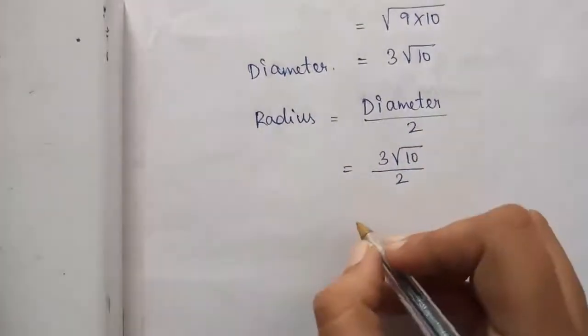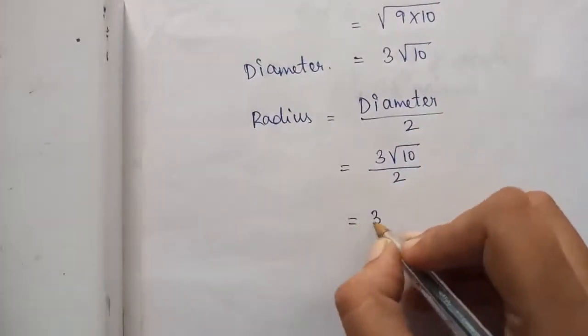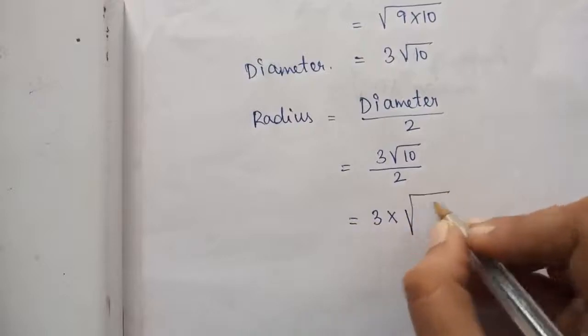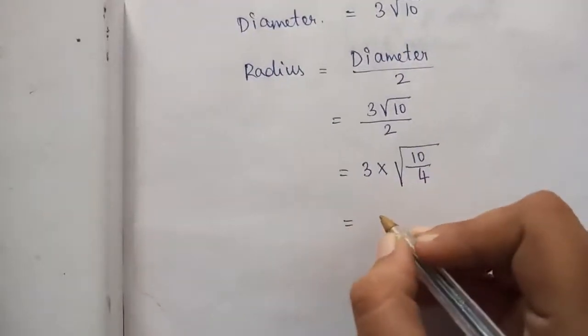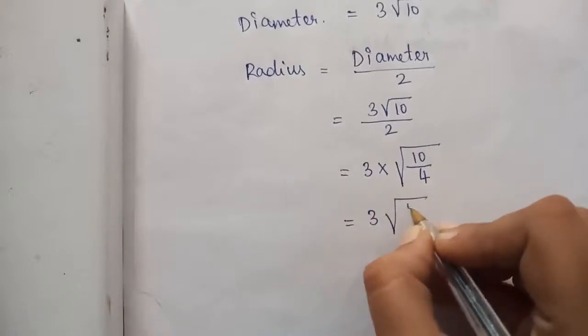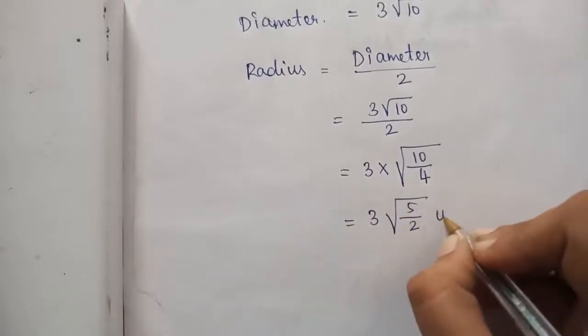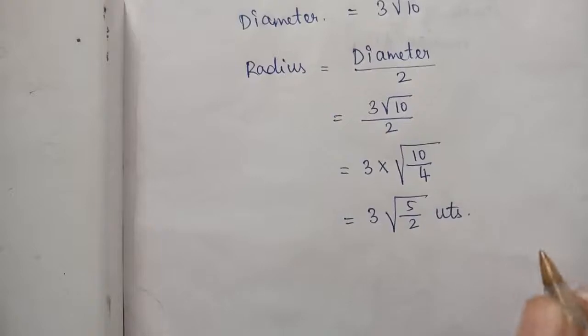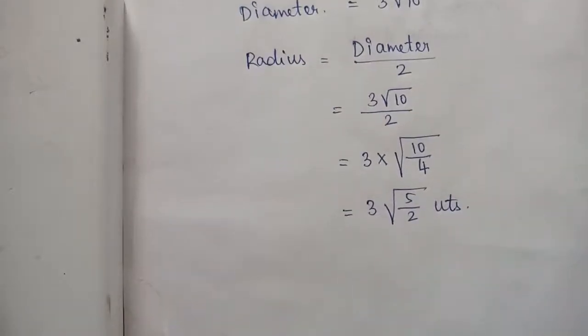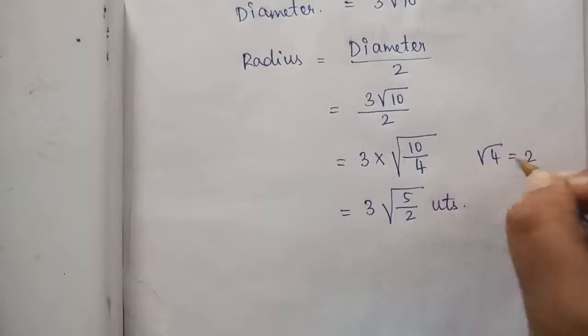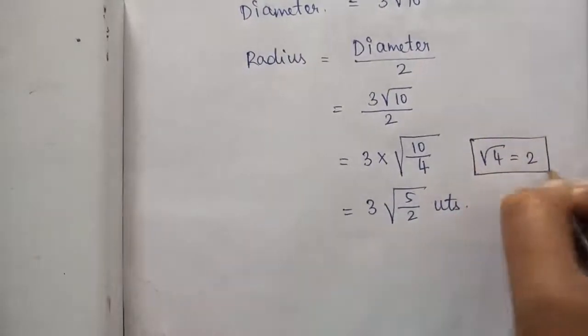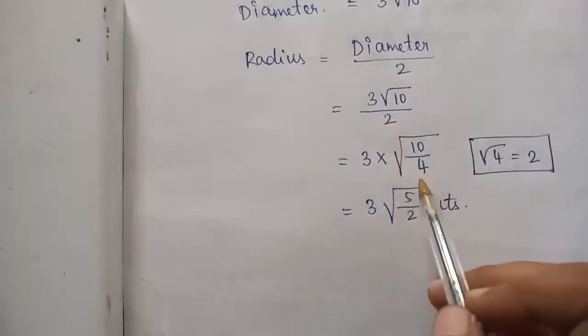Or otherwise, this is equal to 3 into root 10 divided by root 4, which is 3 root 5 by 2 units, because root 4 is nothing but 2. So here we just replace 2 with root 4.